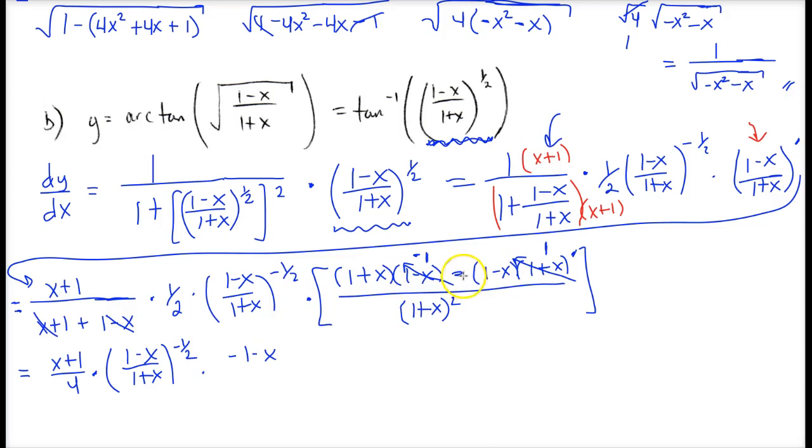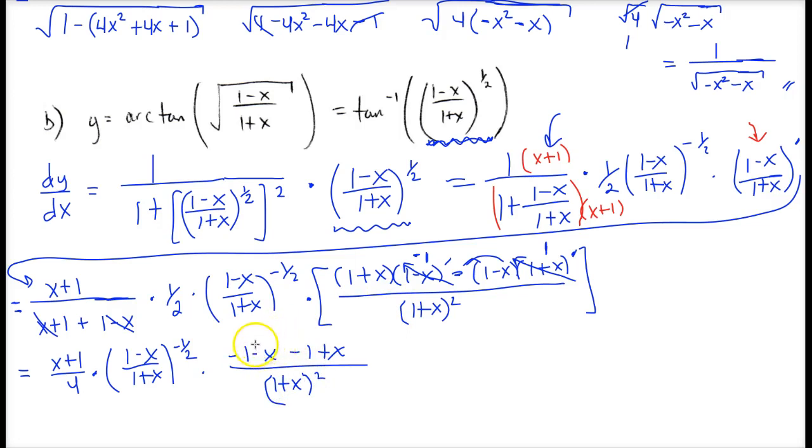And we also have this minus of x minus 1 here. So if we distribute that negative, that would be a minus 1 plus x. And all of that will be divided by (1 plus x) quantity squared.